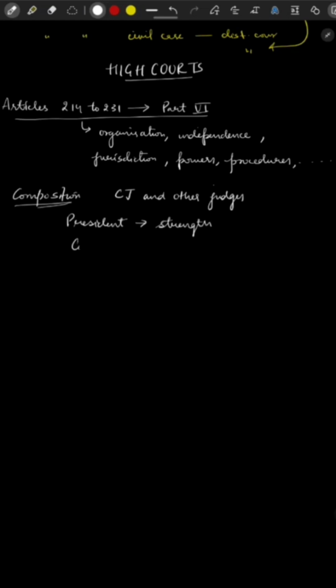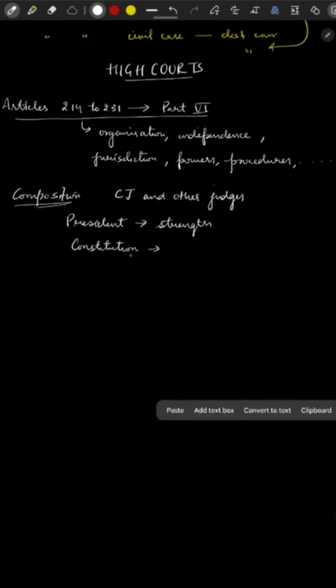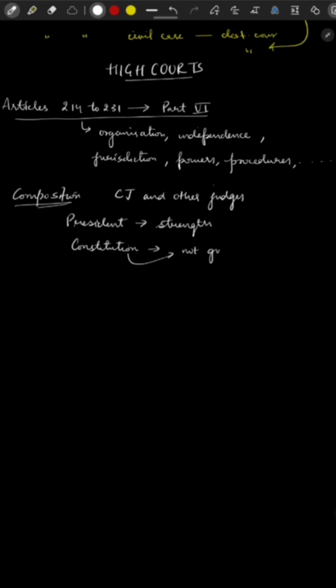The Constitution does not specify any strength for high court judges, so the president determines the strength of the high court. Just remember this, it's very important.